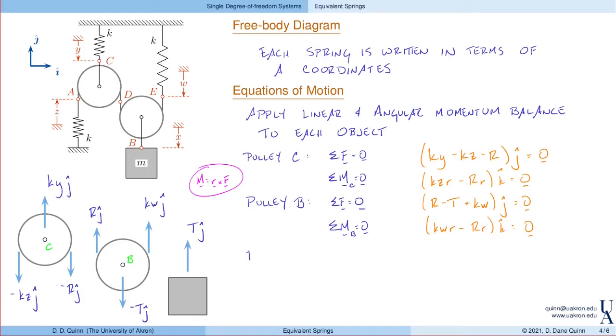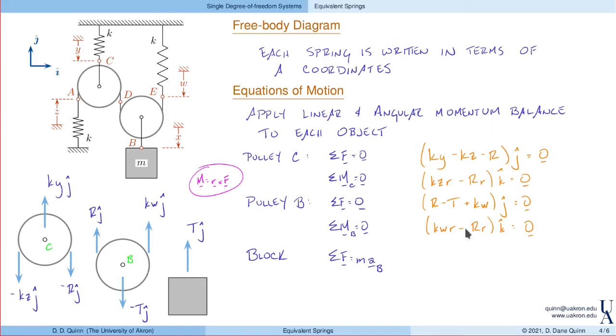Finally, we have the block. Now, angular momentum balance for the block is trivial, right? The block doesn't rotate and no moments are produced. So I'm not even going to write this down. If I did, it would be 0 equals 0. Linear momentum balance, though, is sum of the forces equals mass times acceleration of the mass center.